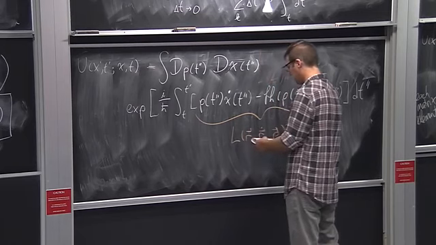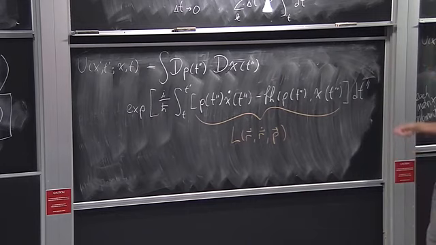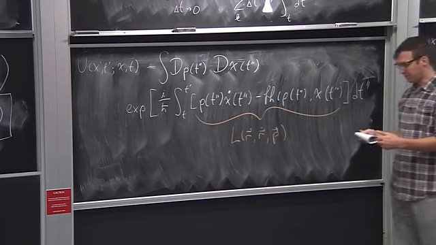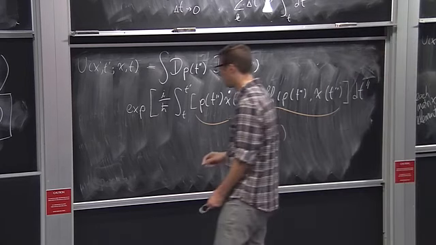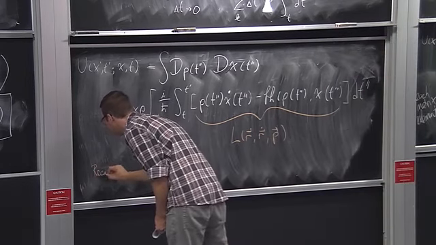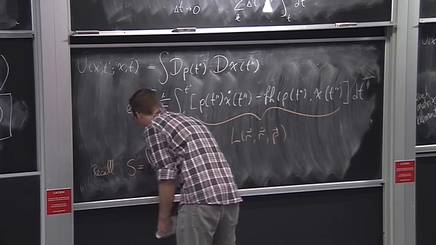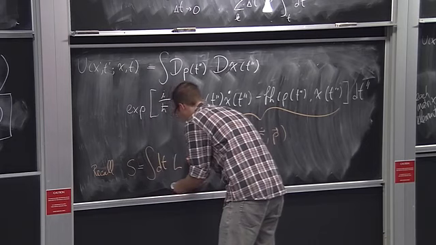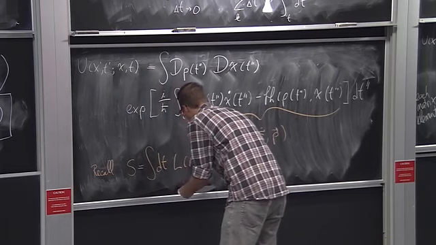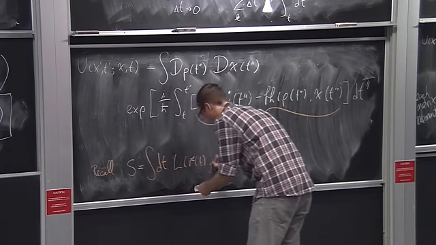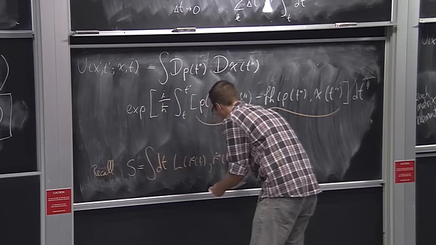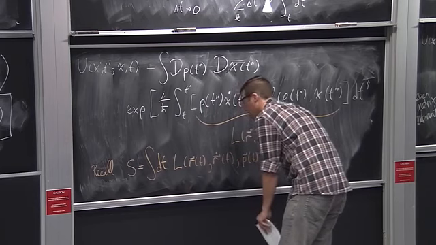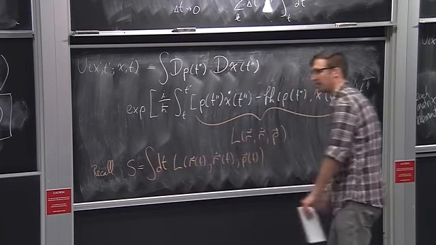In three-dimensional space, basically that's like your Lagrangian, right? And so what you've done is you've written a functional integral, and recall the action. The action is just the time integral of the Lagrangian, something like that, right?